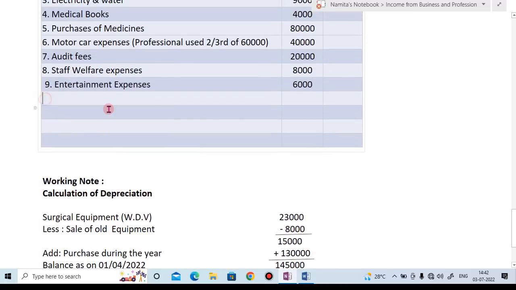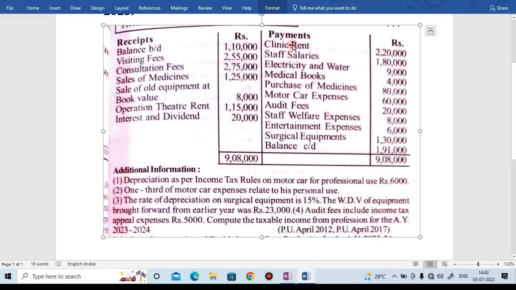Okay, so write here depreciation on surgical equipment is 21,750. Now see, all the payment side we have taken in the professional payment. This balance carried down is not considered here.